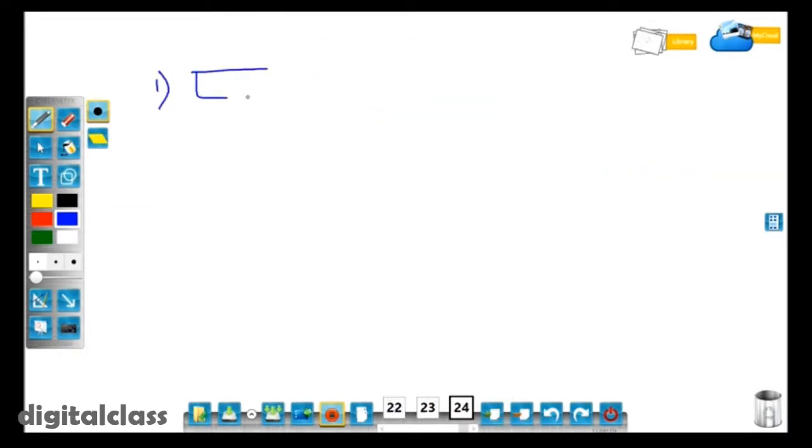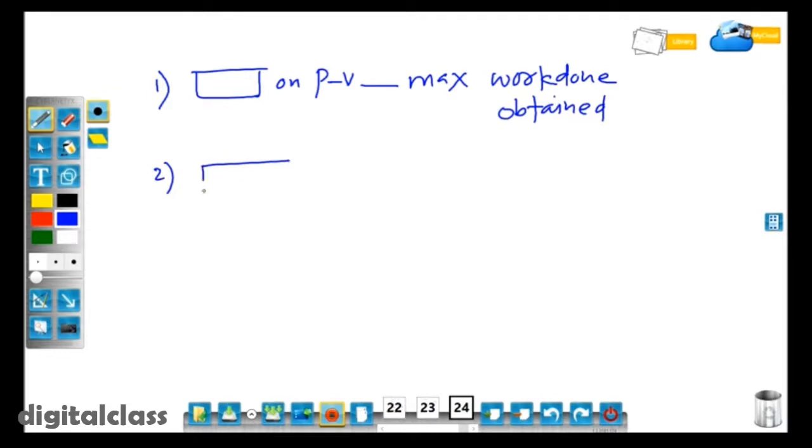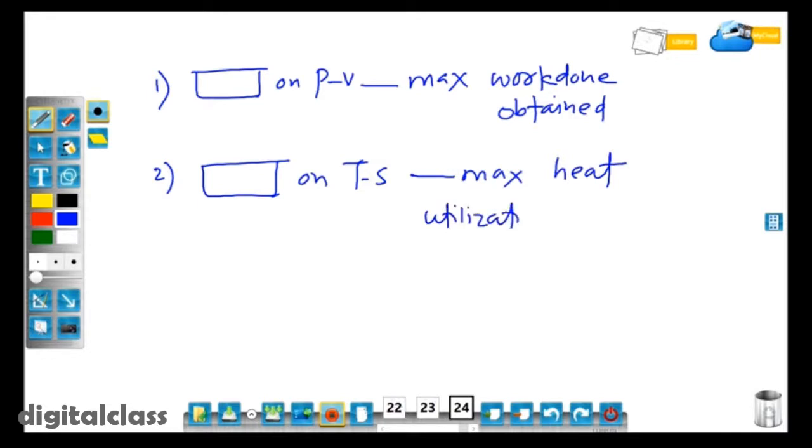So maximum area means maximum utilization of the heat. A rectangle on a PV diagram means maximum work done obtained, and a rectangle on a TS diagram means maximum heat utilized or maximum available heat.